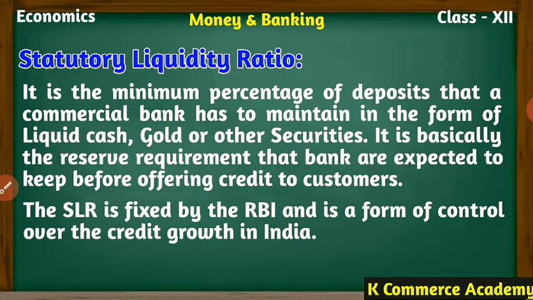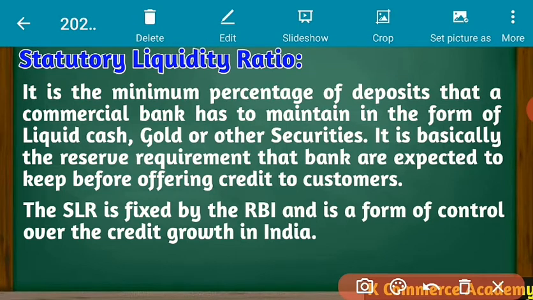Then the statutory liquidity ratio. Statutory liquidity ratio is the minimum percentage of deposits that a commercial bank has to maintain in the form of liquid cash, gold and other securities. These three points you have to keep in mind: liquid cash, gold and other securities.